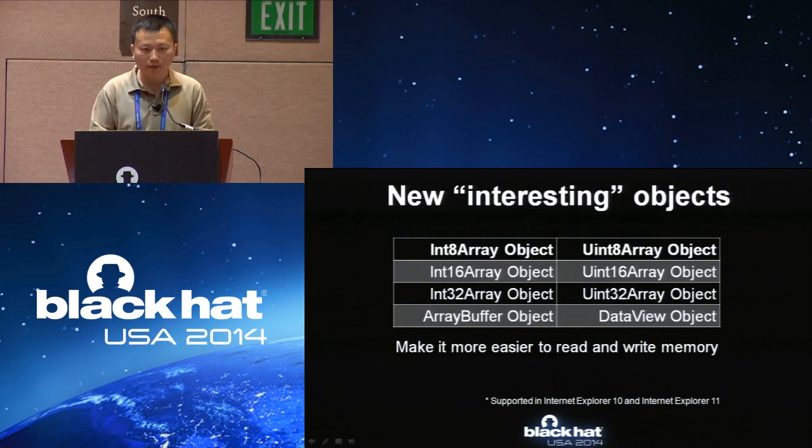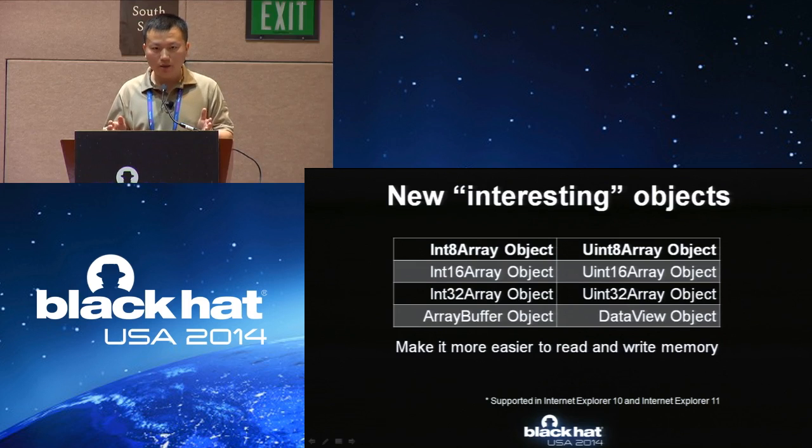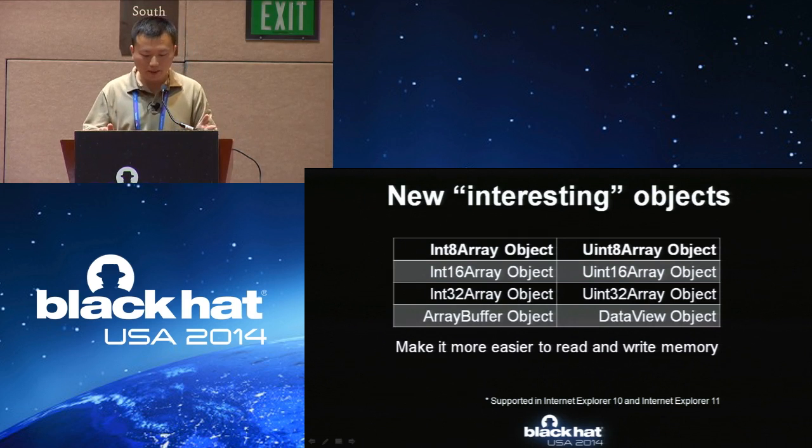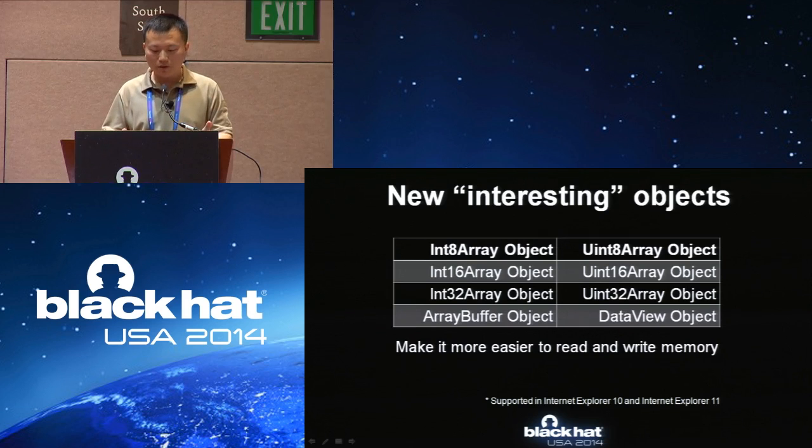In JScript 9, from IE 10, there are some new objects. These objects make it easier to read and write memory. Since I don't have enough time to talk about all of this, I left some questions for you.